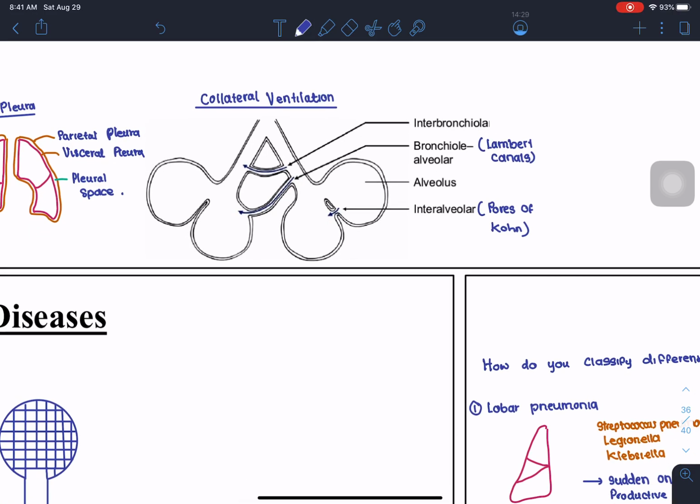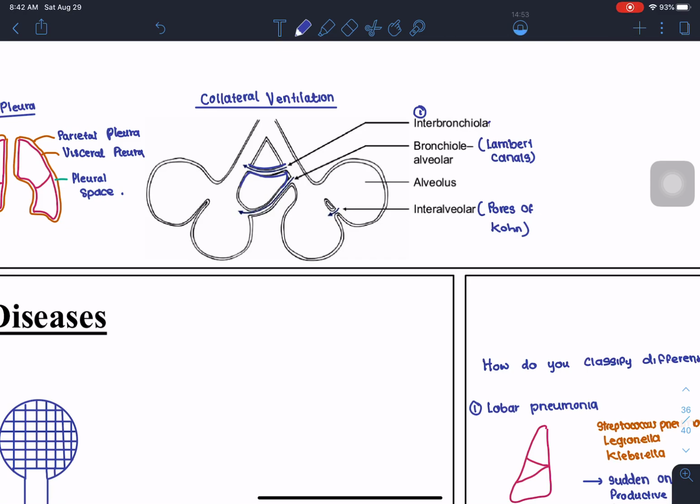That means these are alternative pathways for air to flow through. So the first one is called interbronchiolar, between the bronchioles, between the respiratory bronchioles and the other bronchioles. The first type, interbronchiolar.